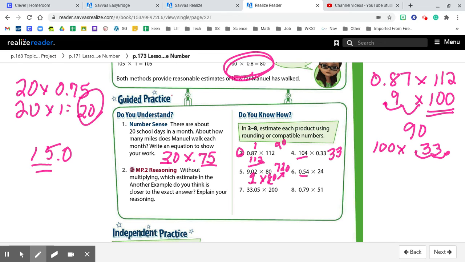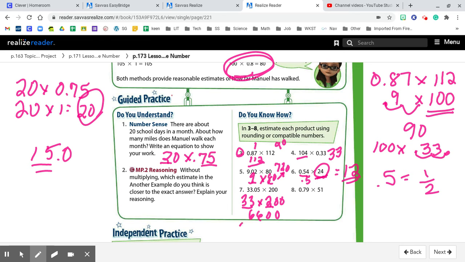0.54 is pretty close to 0.5. And if you have any number sense, you know that 0.5 equals 1/2. So what is half of 24? That's 12. If I took 24 and divided it in half, I'm going to get 12. That one might be a stretch for some of you. For number 7, I could do 33 times 200, solve a simpler problem. 33 doubled is 66, and bring my 2 zeros over.